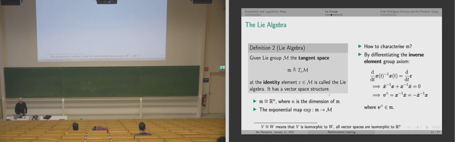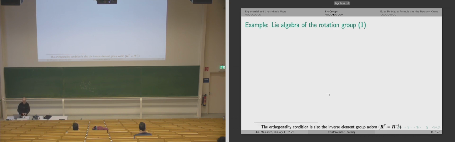Okay, let's take the example of the Lie algebra of the rotation group. There are two rotation groups of interest: the one on the plane and the one in 3 dimensions. When I say rotation group, I'm talking about the one in 3D. So it's these orthogonal matrices of dimension 3.